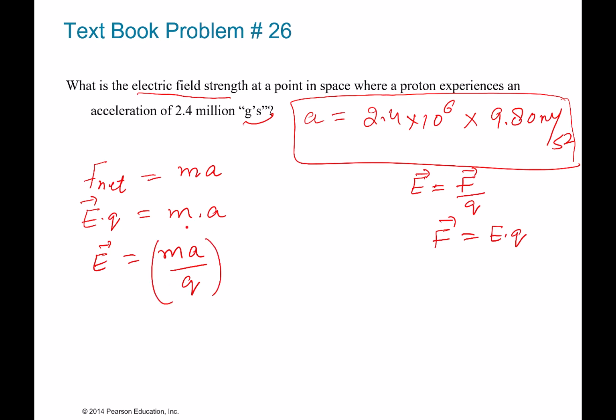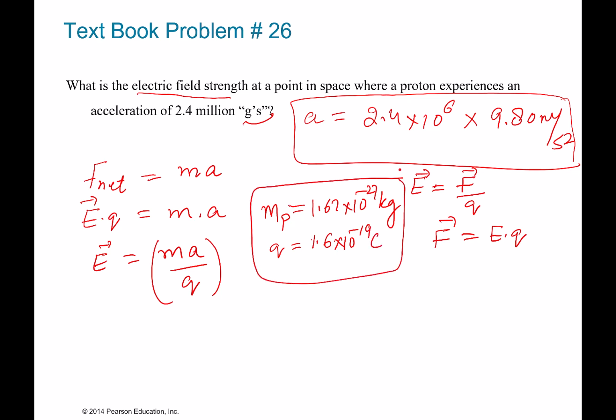We know the mass of the proton, because it's a proton, is 1.67 × 10^-27 kg, and the charge is positive 1.6 × 10^-19 coulombs. So we have everything now to go ahead and work on this. Substitute the values and show the work.